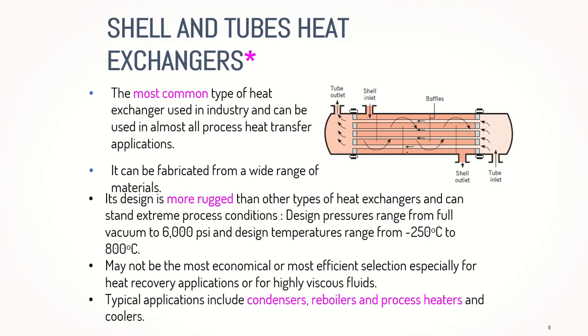That's why we call it shell, one pass, single pass. And we're also going to have a tube inlet here. So this going inside, going outside. The fluids will not mix together. So it would be at a different orifice.